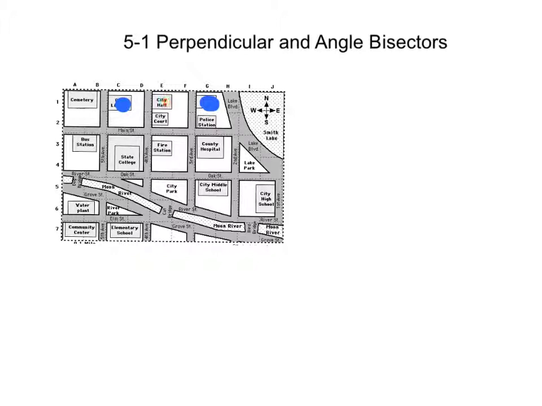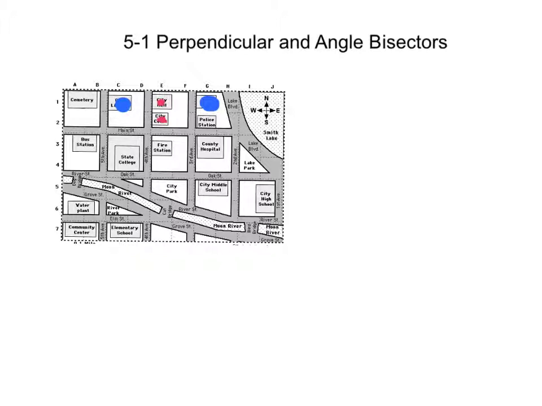So we see the City Hall is right in the middle. You might also want to say, if you're looking, that the City Court could be the same distance from our two blue dots.